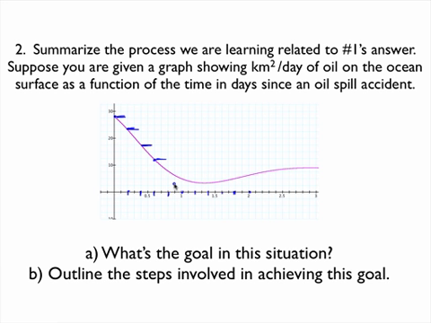No, so it's the rate of change of the oil on the ocean surface. It's not the area. It's not kilometers squared. Yeah, and absolutely, if this was the area function, then this process wouldn't make any sense. You're right. Exactly.